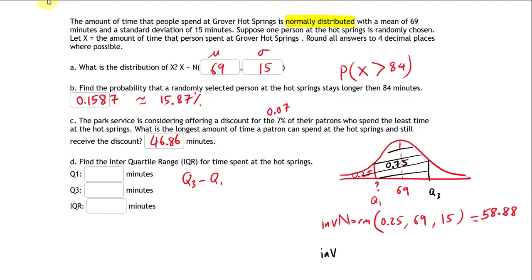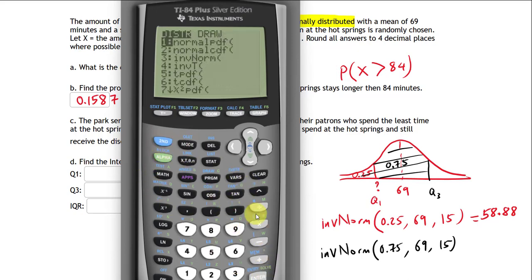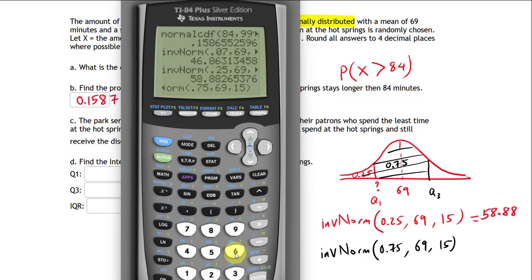So I will also use the inverse norm function, and I input 0.75 because that is the area on the left side of the location that I'm looking for. And then again, 69 is the mean, 15 is the standard deviation, and we again use second distribution, and then go to inverse norm. The same thing, except we change this one to 0.75, and we get 79.12 if I round this to 2 decimal places due to the 7 after, right? So 79.12.